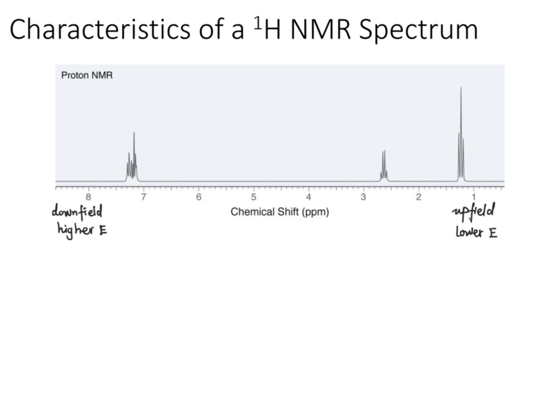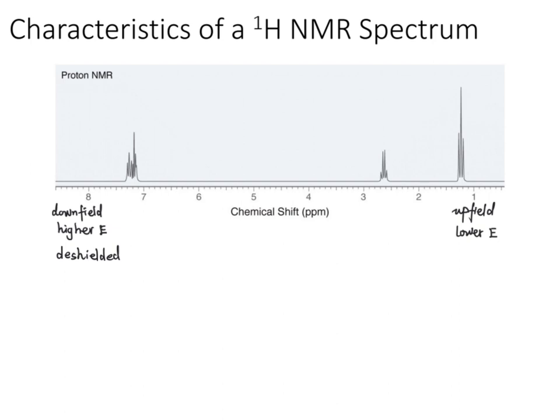Another way to talk about the position of the signal in NMR is that the downfield shift is the deshielded position. What does that even mean? What we are looking at is the electrons around the proton.